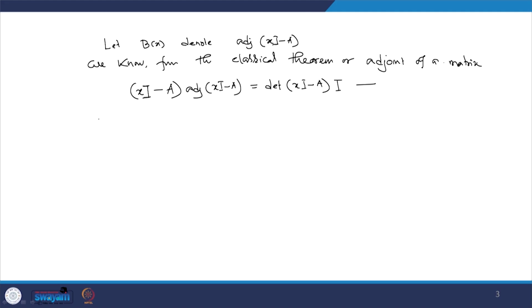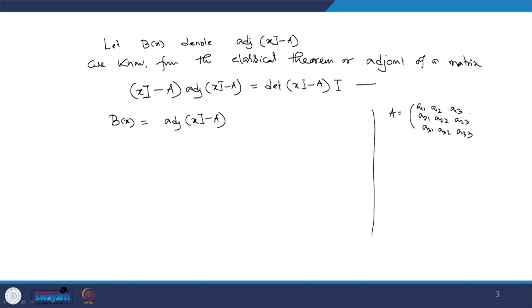So, I have considered here B(x) equal to the adjoint of xI minus A. But what is this? To have a quick idea about this, let me also take an example in parallel. Let A equal to the matrix with entries A11, A12, A13, A21, A22, A23, A31, A32, A33. This is a matrix space.